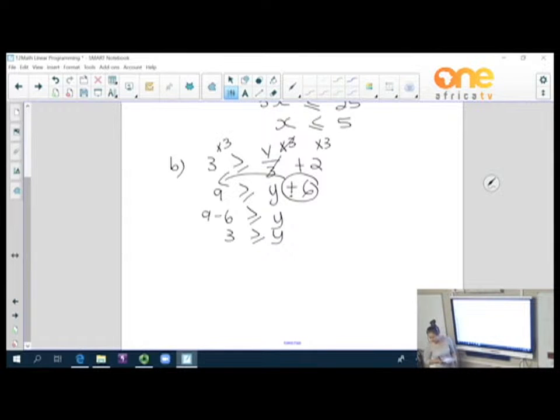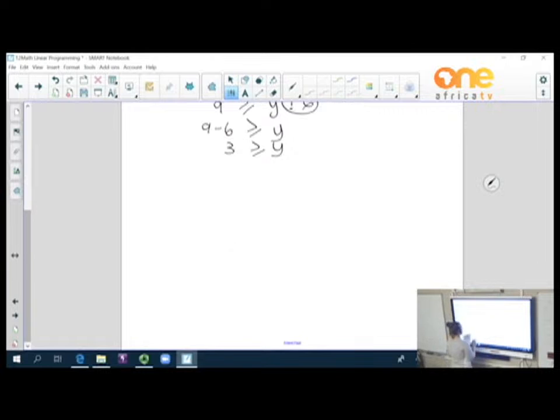Then for number 2, they ask you to find the range of the values for number A and number B. So let's look at 2A. 7 is less than 4y minus 1 is less than or equal to 15.